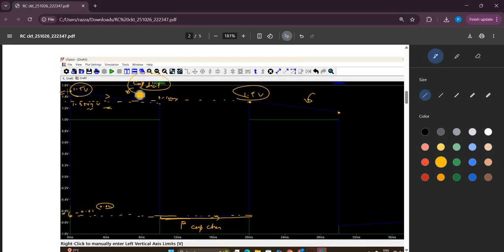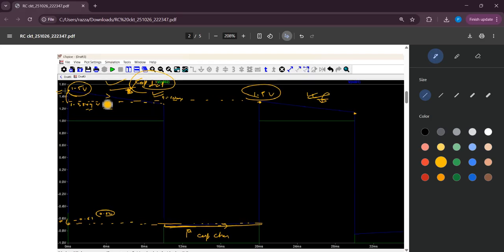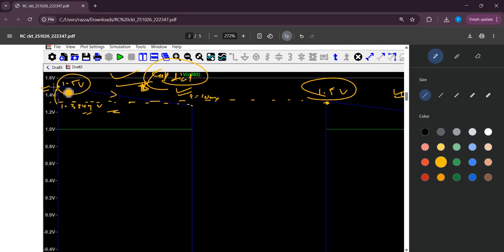In this, the discharging rate of the capacitor is more as compared to this, because the drop in voltage for the capacitor from here to here is more as compared to here to here. Are you getting my point? Let me explain again. The discharging rate of the capacitor in this time frame is more as compared to this time frame.